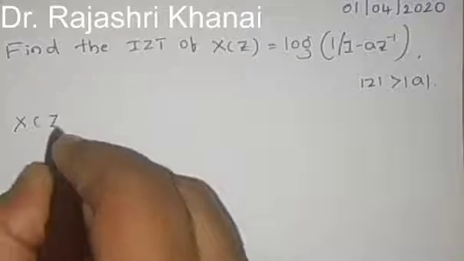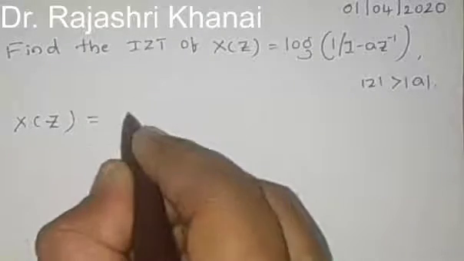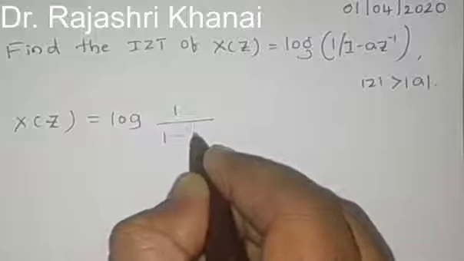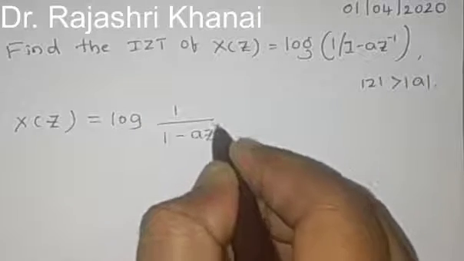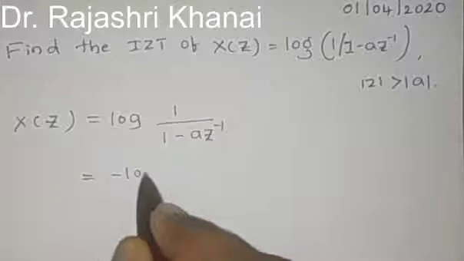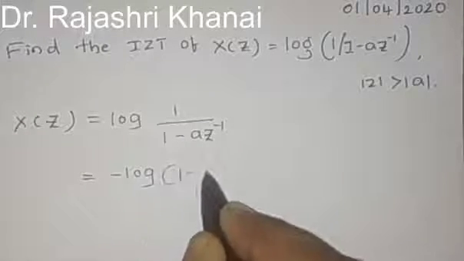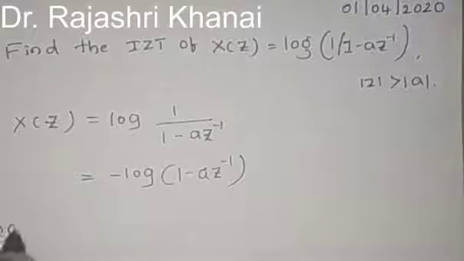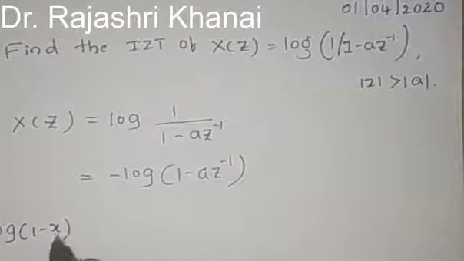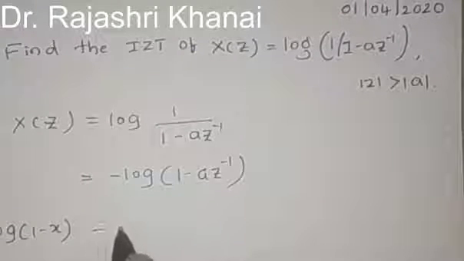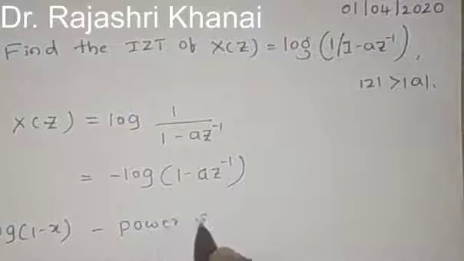Let us write X of z is equal to log of 1 divided by 1 minus a z inverse. This can be written as minus log of 1 minus a z inverse. Now this is in the form of log of 1 minus x type, which is expanded with the help of power series.